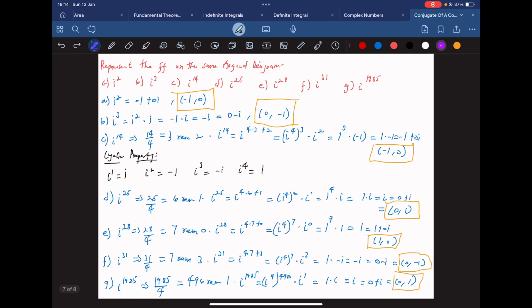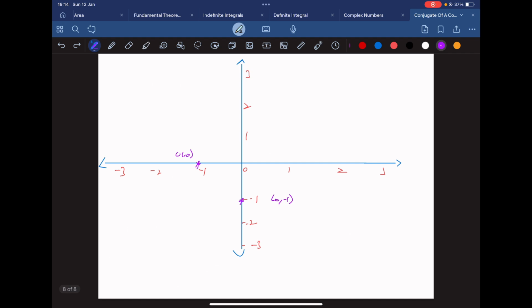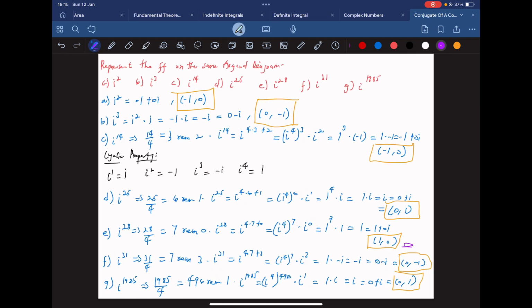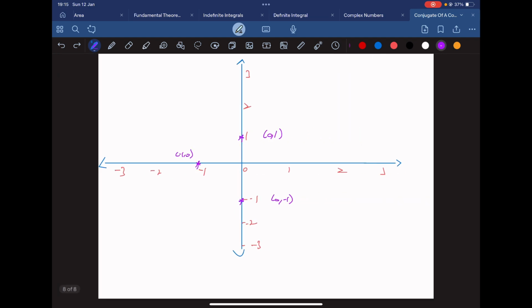So for (0, 1), where are we going to write it? (0, 1) should be here. So this is your (0, 1). And the next one is (1, 0). So this is 1 and 0. So we have (1, 0) here.